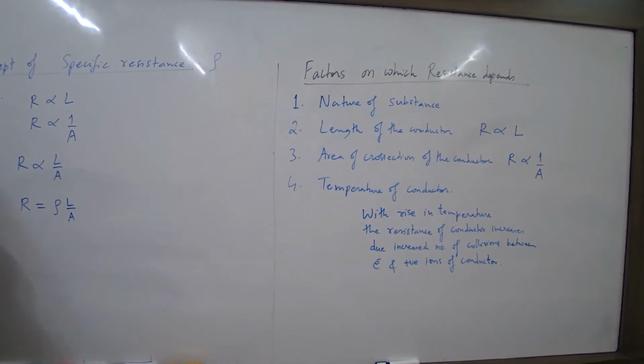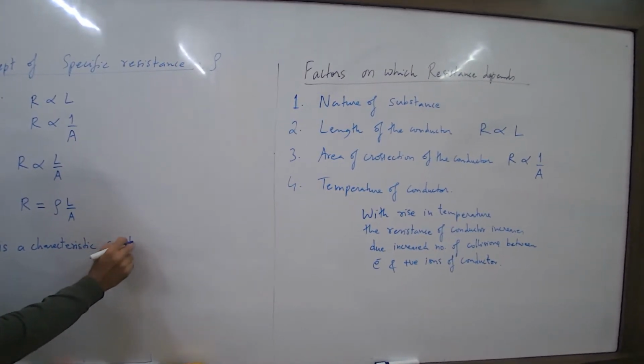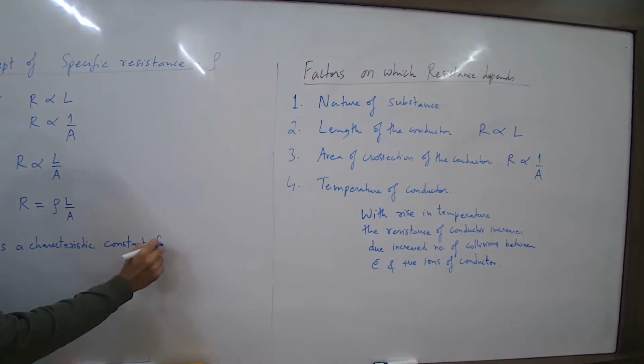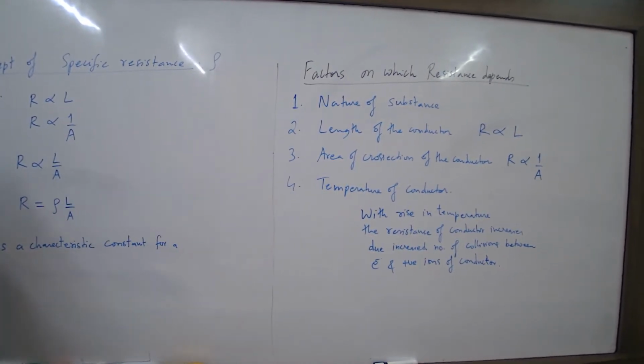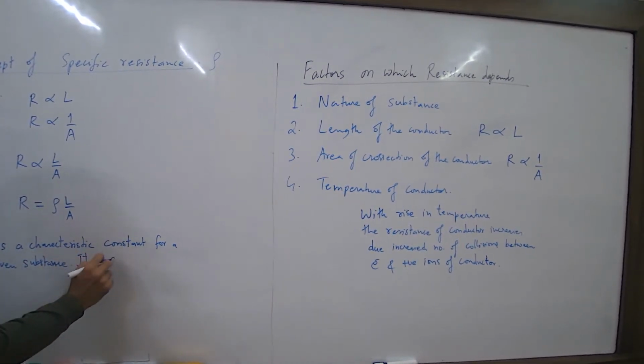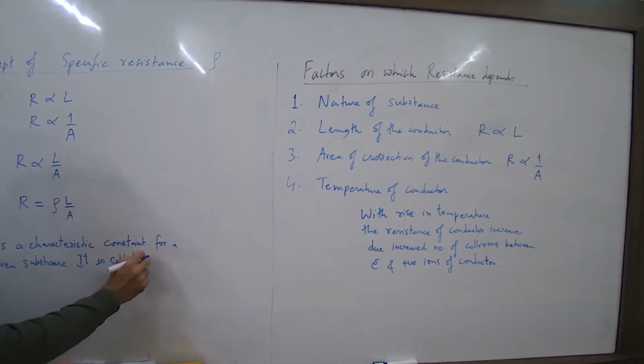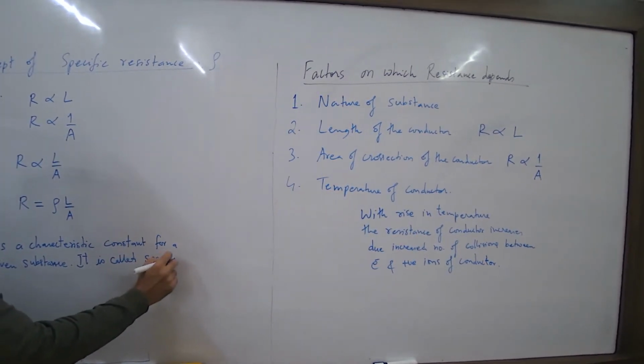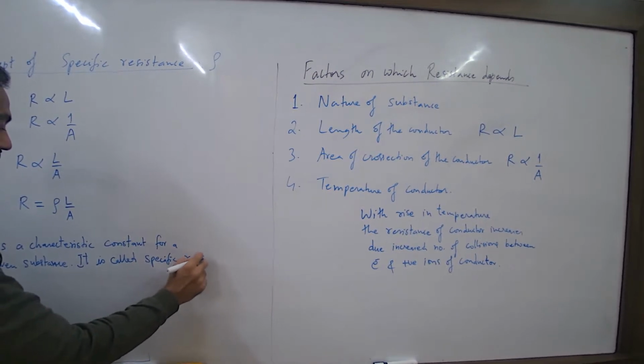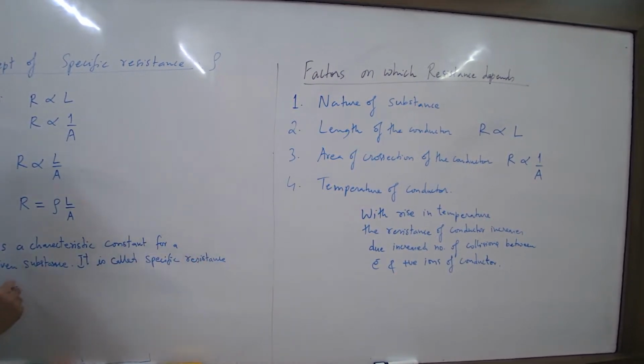Okay. So rho is a characteristic constant for a given substance. That is called specific resistance of the substance.